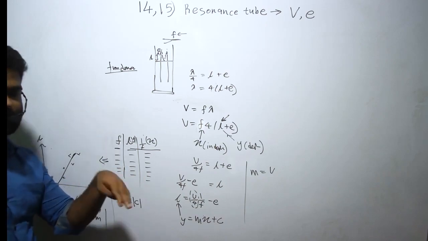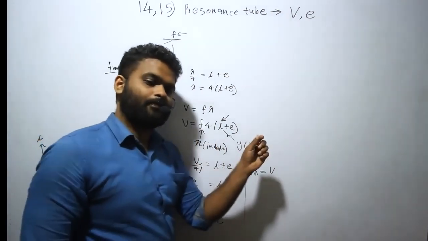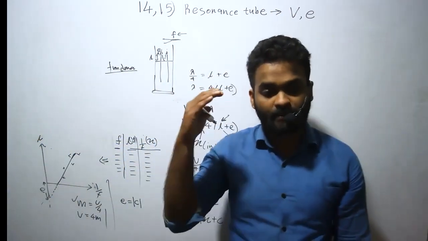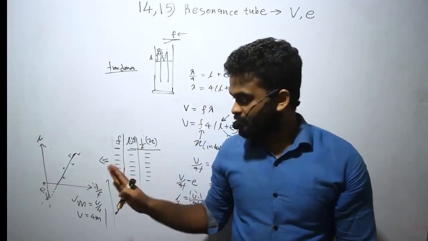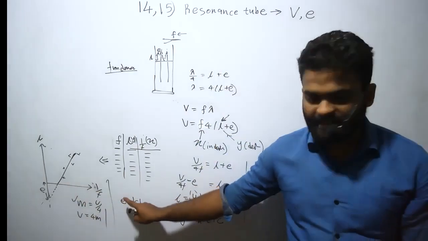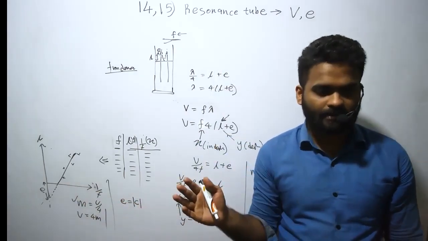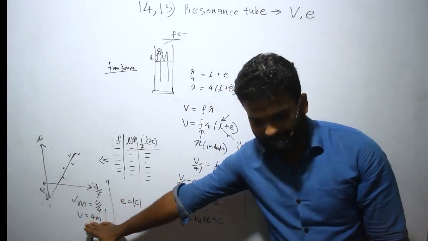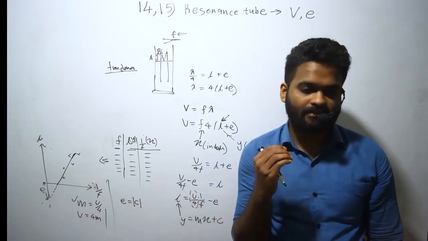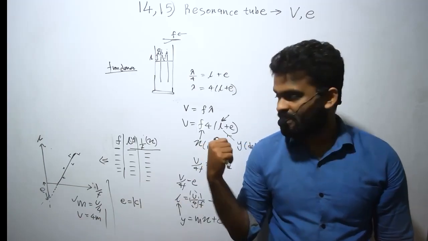For the previous one you used one fork and didn't use a graphical method, so there are random errors. For this one, since you are using a graphical method to find V and E, the random error is minimized. So that's the only reason.